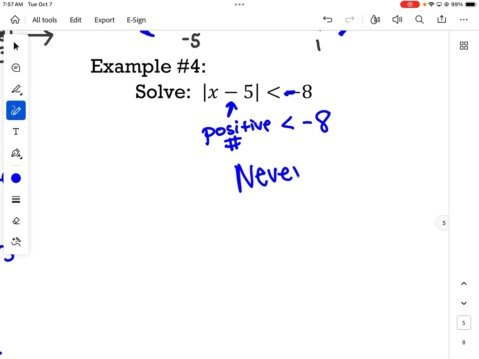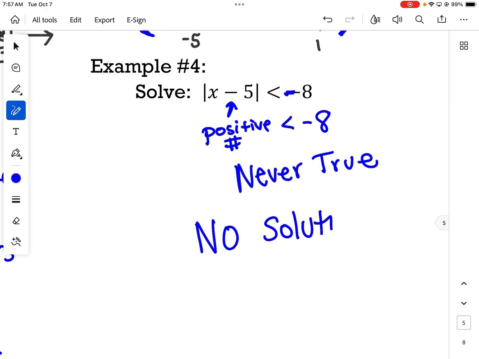So this is never true. The other one was always true. This one's never true. Because a positive number is never less than negative 8. So then this one is a no solution. So if we had a number line, nothing would be shaded. It would be empty.